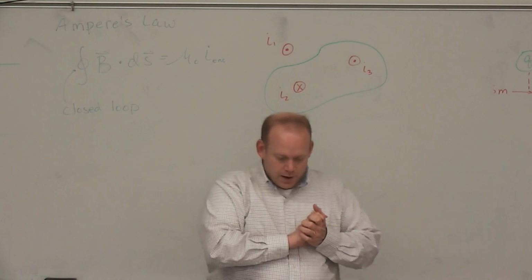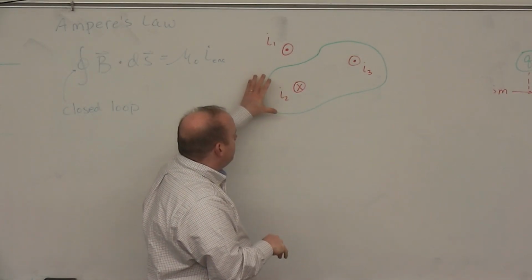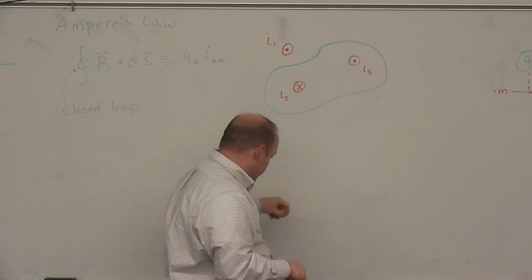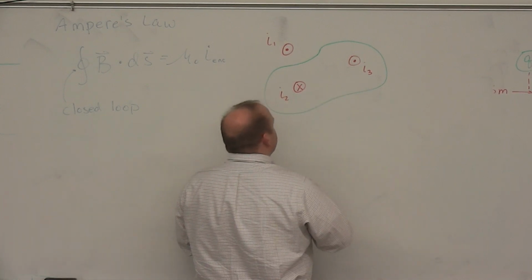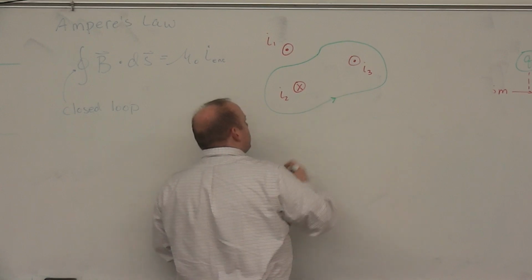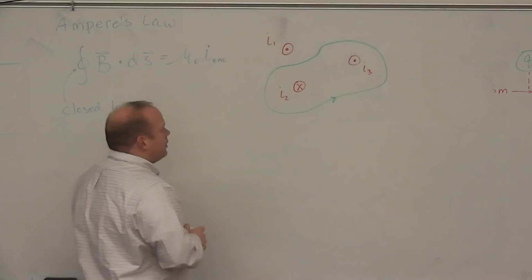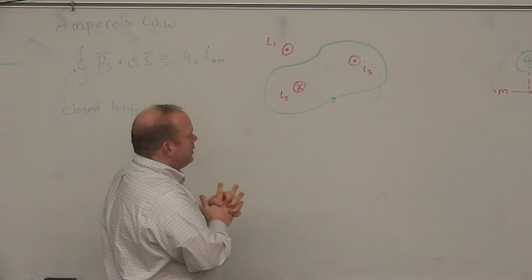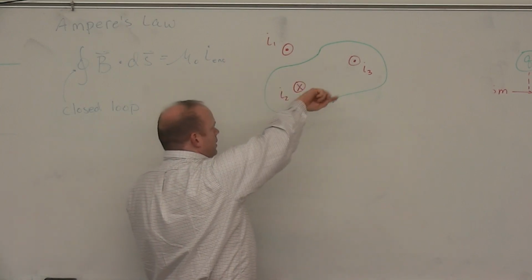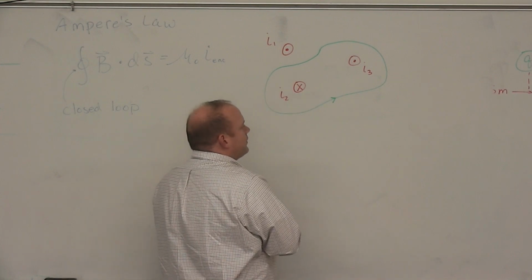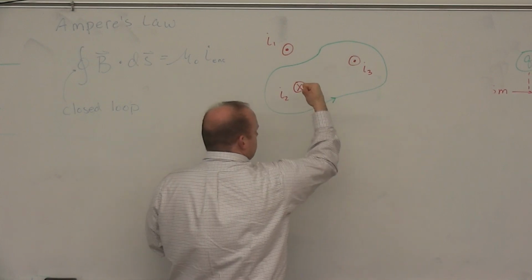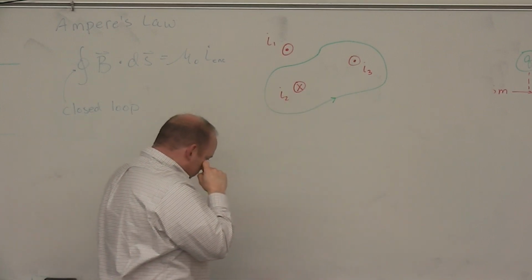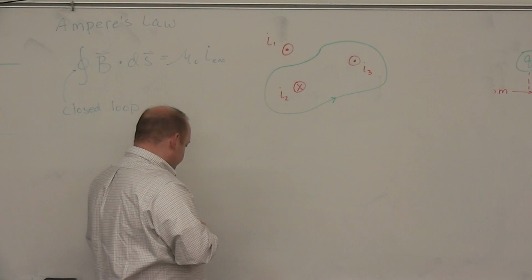So now, this contains the current enclosed, which is I2 and I3. But when I have to give this a direction, okay, so that's my direction. Now, when we make positive here, typically positive is going to be counterclockwise. Usually we would want out of the board to be positive and in the board to be negative. So counterclockwise is our positive.